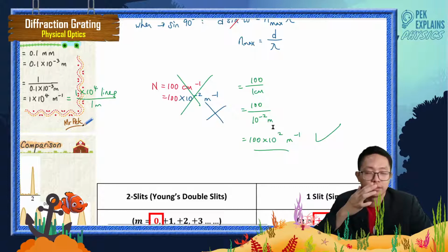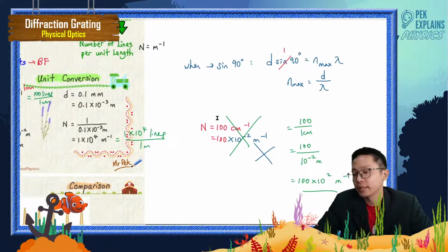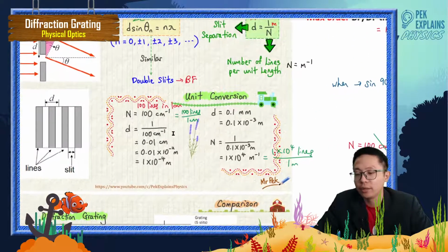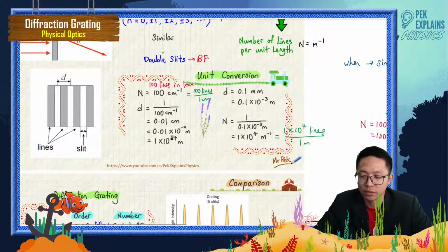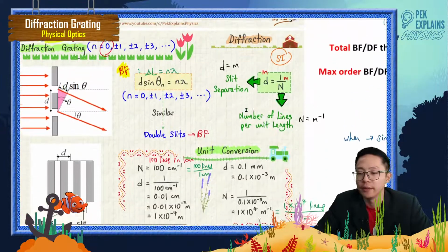Okay, then it's correct. Or the easier way is you just maintain the unit in n. You only change the unit while you do the d, the separation. Then it's okay, it's easy. Then it will be easier.